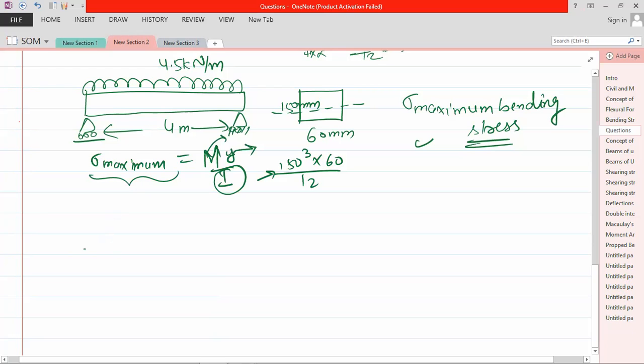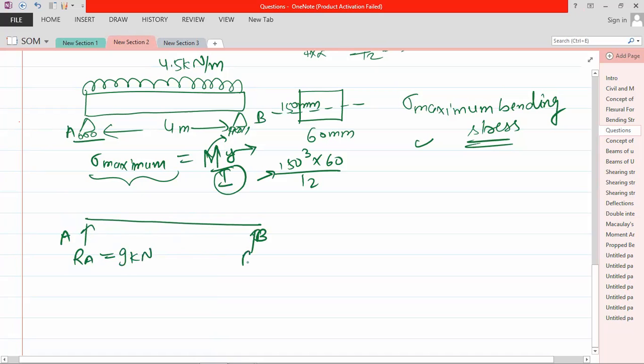So, first of all, draw the bending moment diagram, and for that, obtain the support reactions. Suppose this is point A, this is point B. So at point A and point B, what are the reactions? RA is equal to, I think, 9 kilonewton.